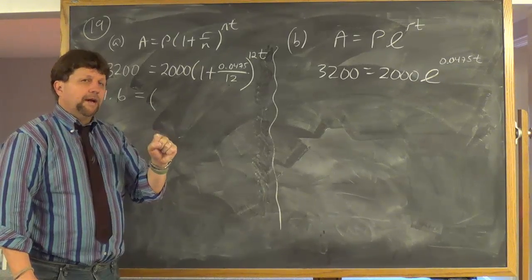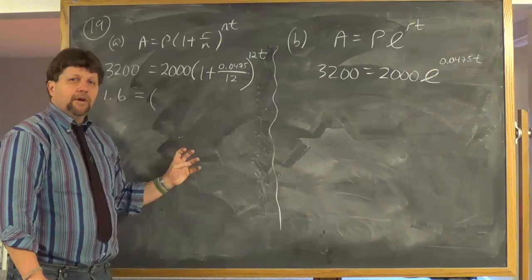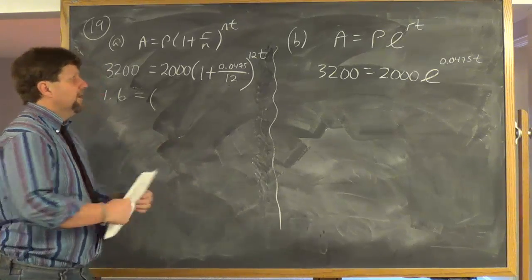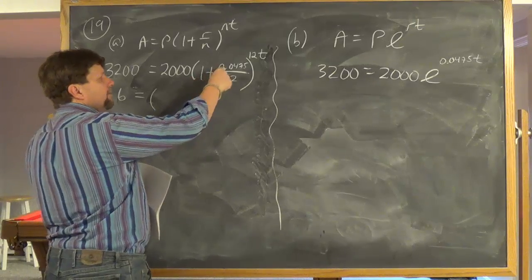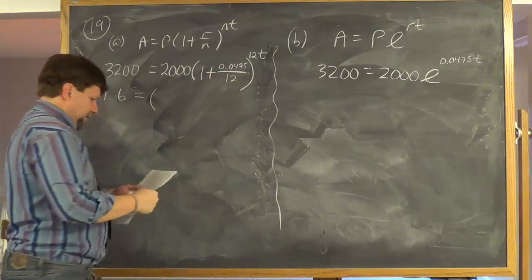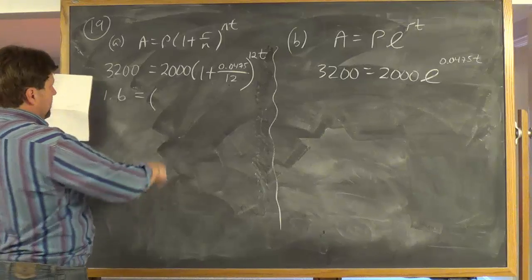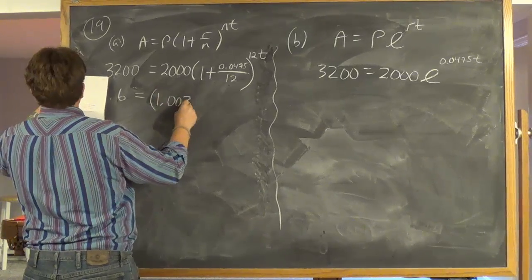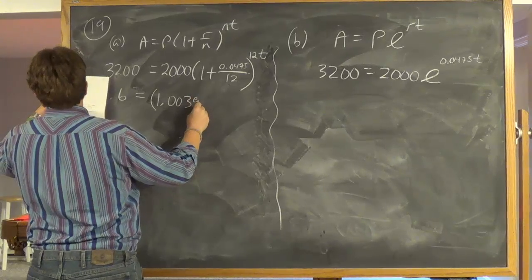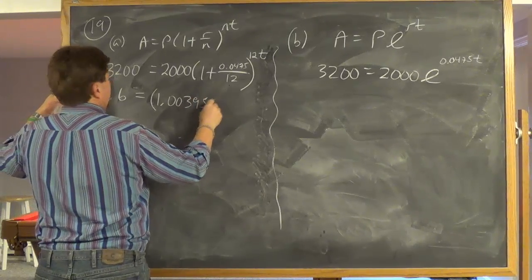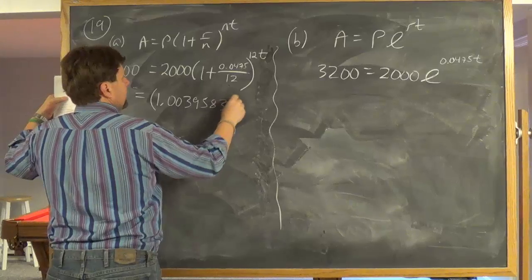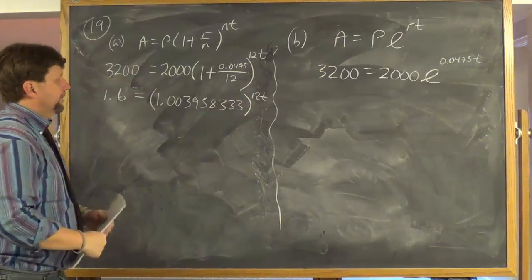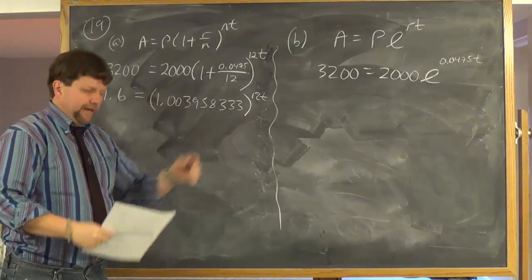You don't round in the middle of solving the problem. The only time you can round is at the very end. So if you do 1 plus 0.0475 divided by 12, this is the ugly number you get: 1.003958333. Can't round that. You've got to keep writing it down.